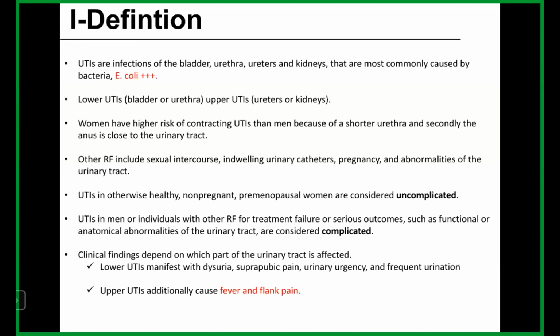Of course, the urinary tract infection is the infection of the bladder, urethra, ureters, and kidney that are most commonly caused by bacteria. It could be also by virus or fungi, but bacteria is most common. The most frequent bacteria responsible for this infection is E. coli, or Escherichia coli.